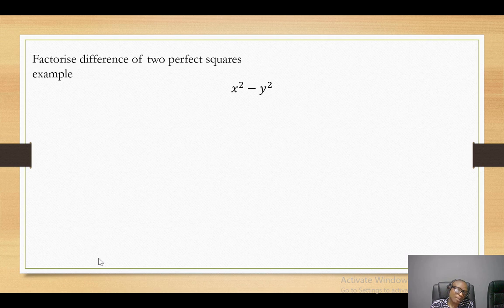x squared minus y squared. I believe that x squared minus y squared is the difference of two perfect squares. I have two terms. This is my first term, this is my second term, and between these two terms it's negative.